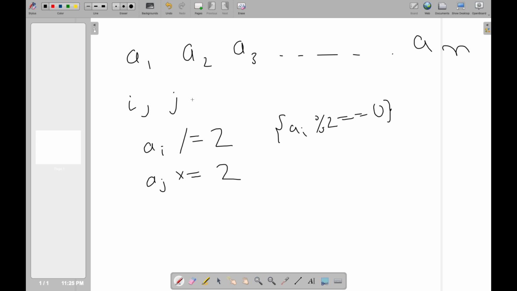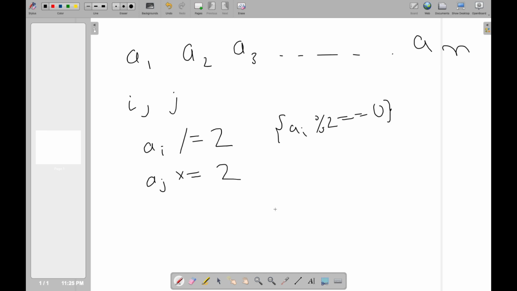Now what we want to do is perform this operation as many times as we want, such that the sum of this array's elements is the maximum possible. So observe this operation. What is happening in it?